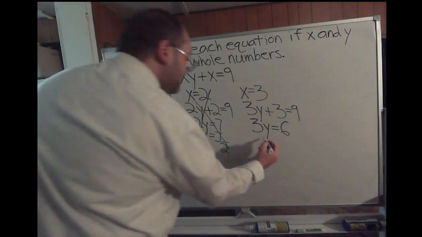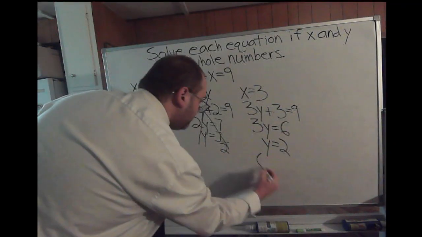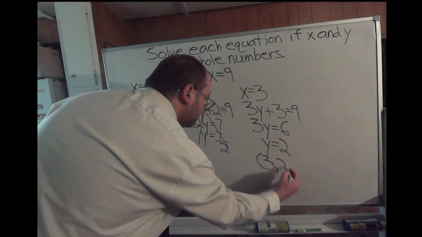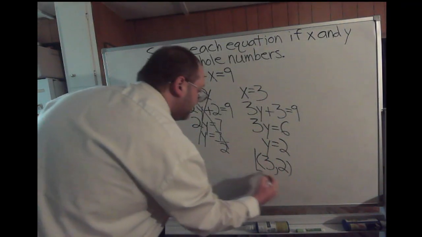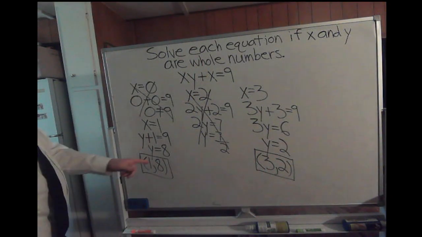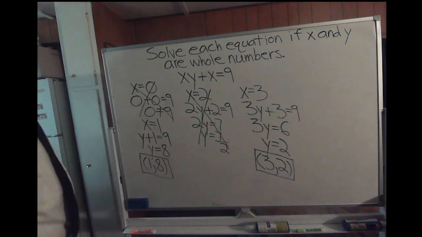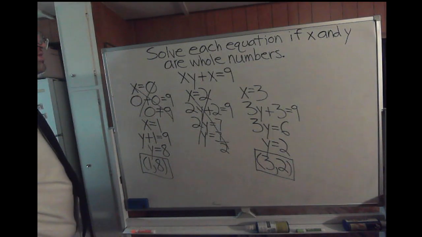So divide both sides by 3, you'll get y equals 2. So when x is 3, y is 2. And that's a viable solution because 3 and 2 are both whole numbers. So far you have 1, 8 and 3, 2. Those are two possible solutions of this equation. Are there any others?